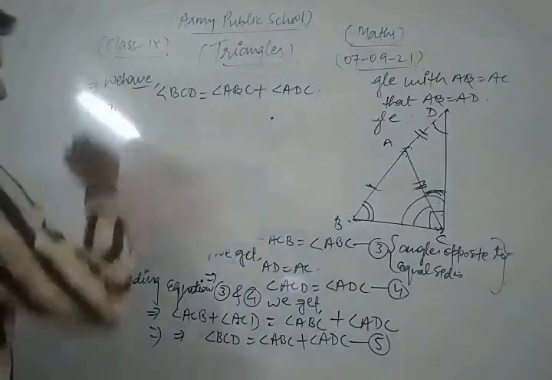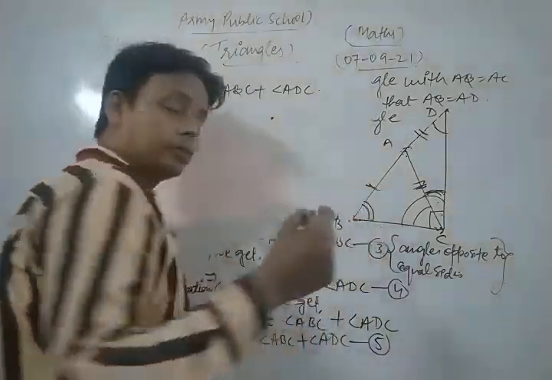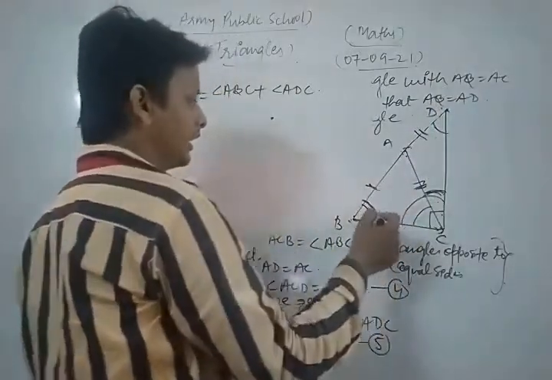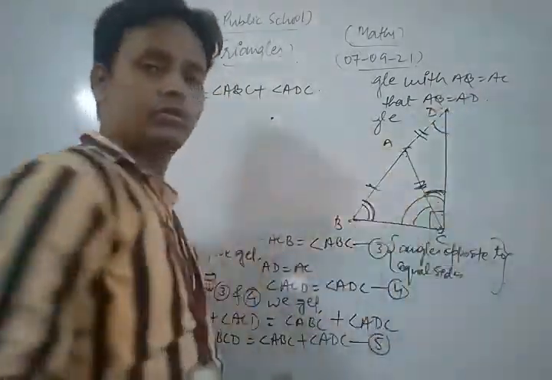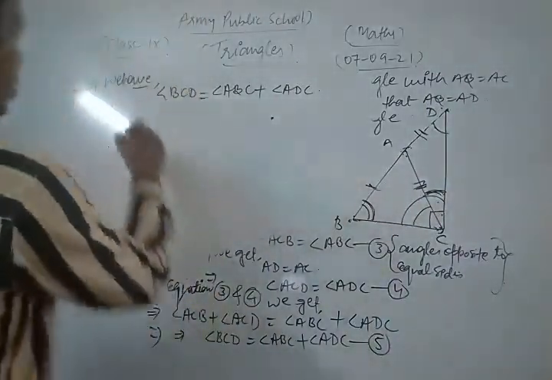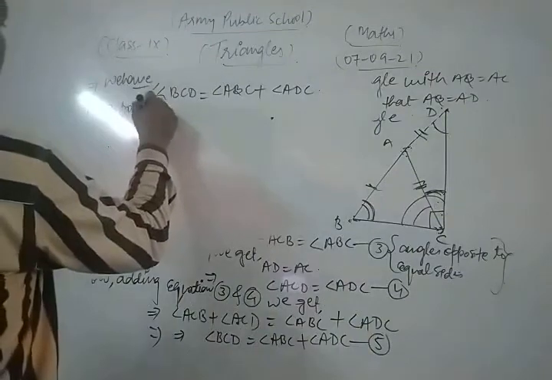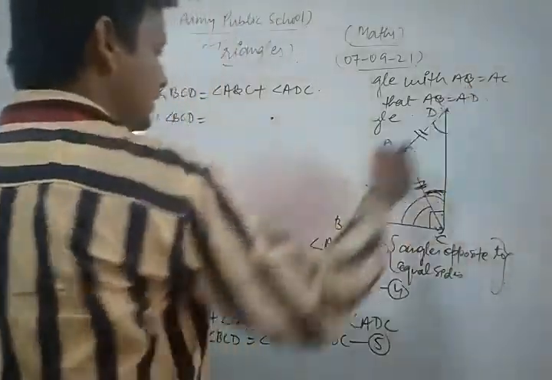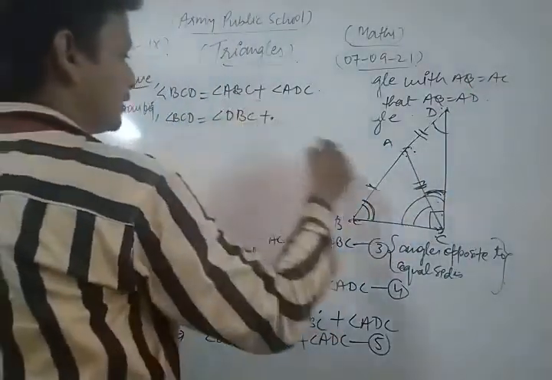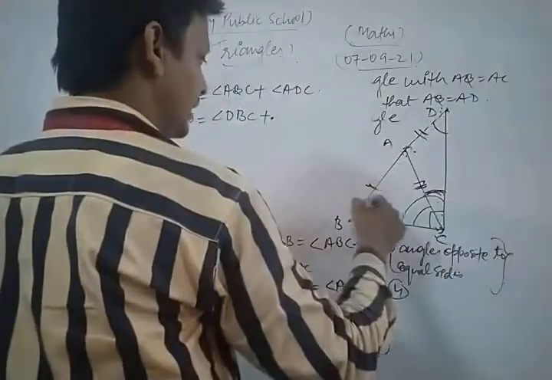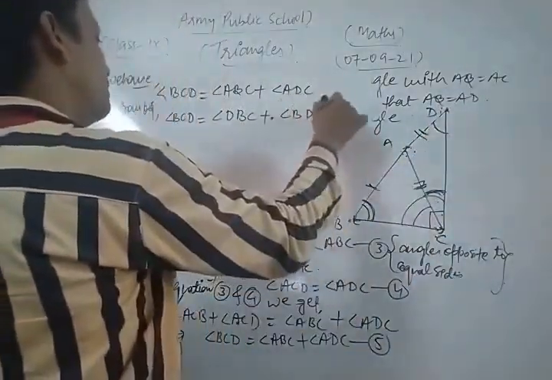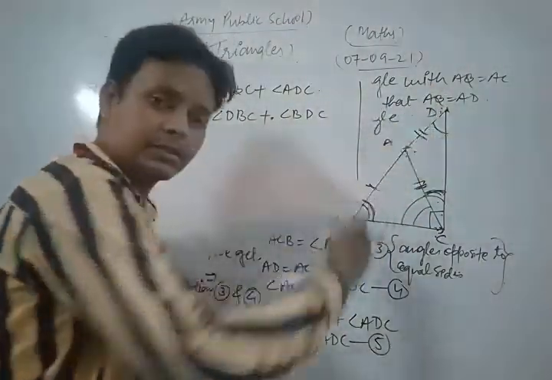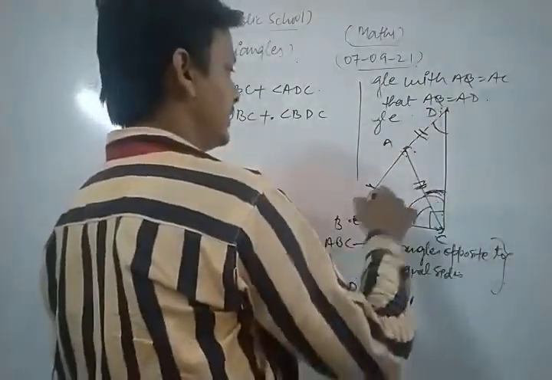If we look at triangle BDC, angle ABC can also be written as angle DBC. And since A, D and B are on the same straight line, angle ADC is the same as angle BDC.